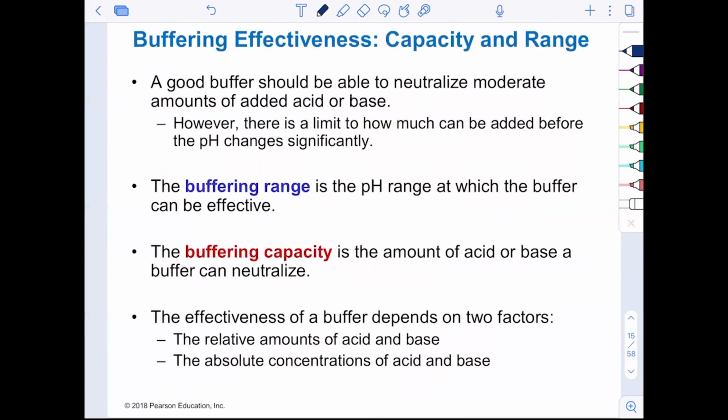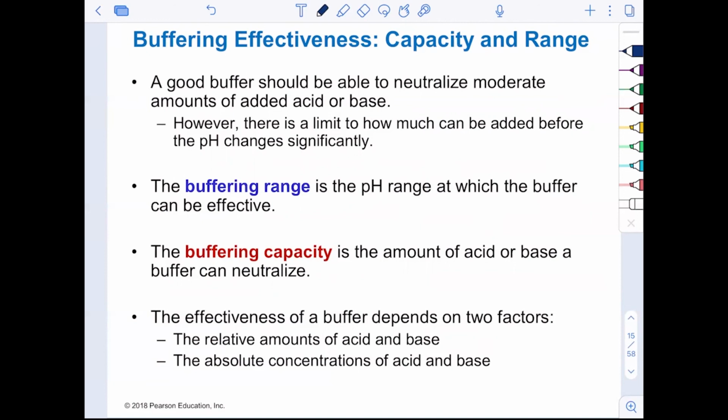Buffering effectiveness and capacity versus range. The buffering range is the pH range at which the buffer can be effective. And the buffering capacity is the amount of acid or base that can actually be neutralized by the buffer. So the effectiveness of the buffer is going to depend on two main ideas.